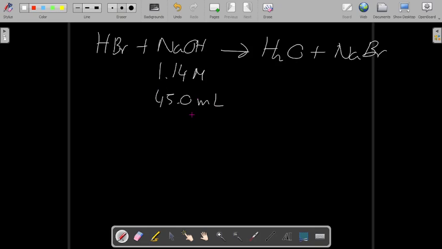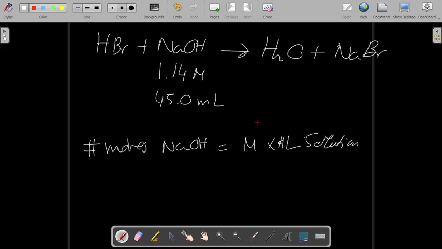So, okay, calculate the number of moles from here. The number of moles of the sodium hydroxide equals what? If you remember, it was the molarity times the liters, the number of liters of the solution.